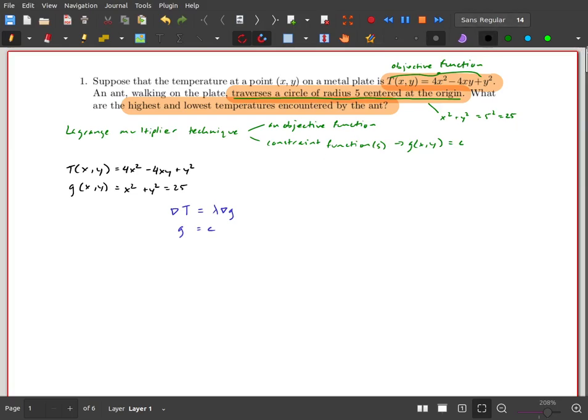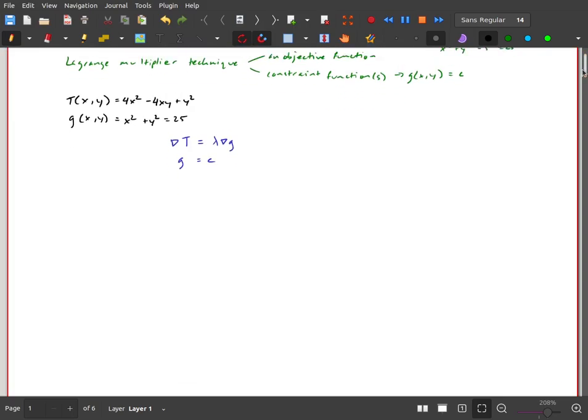So what does that mean in terms of setting up the problem? It means that we will have 3 equations and 3 unknowns. So our 3 equations are: partial derivative of T with respect to x equal to lambda partial g partial x, then partial T partial y equal to lambda partial g partial y.